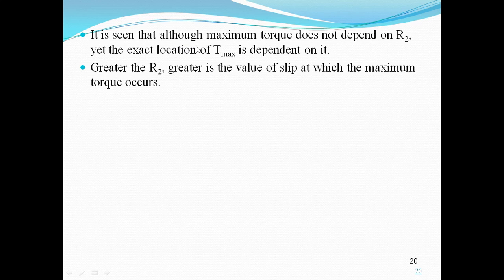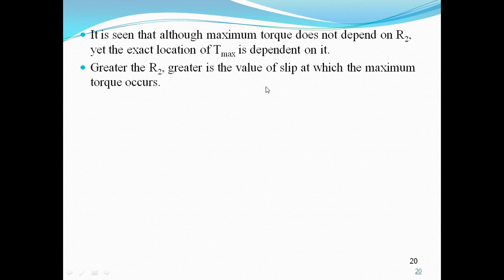It is seen that the maximum torque does not depend on R2, and the exact location of T max is independent of this. So there is no relation between maximum torque and resistance.